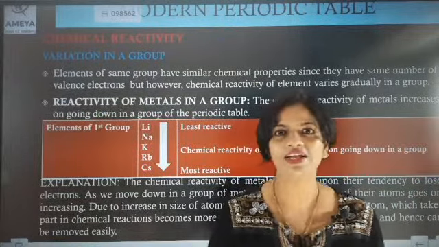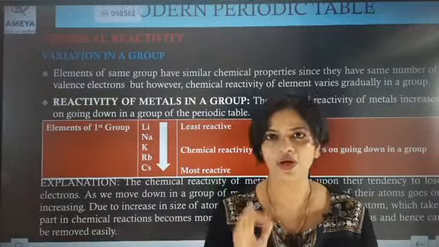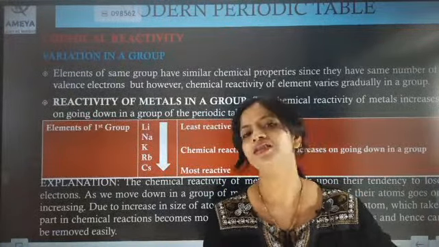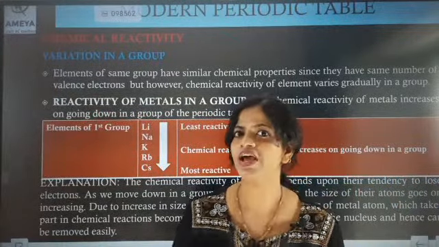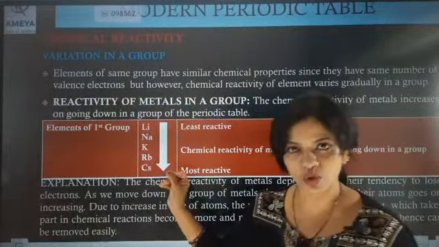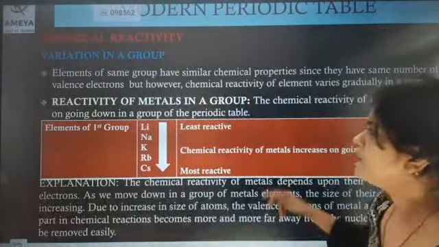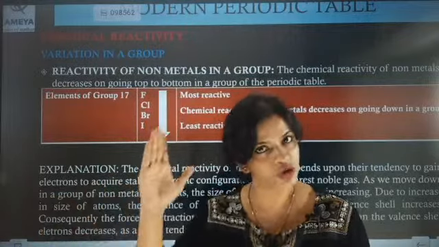That means automatically the first group is most reactive, and the last but one, that is halogen family, is most reactive. So now we have understood reactivity along the group for s1 block, which means group 1.